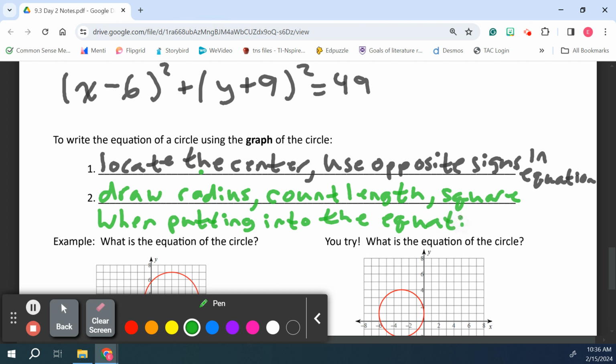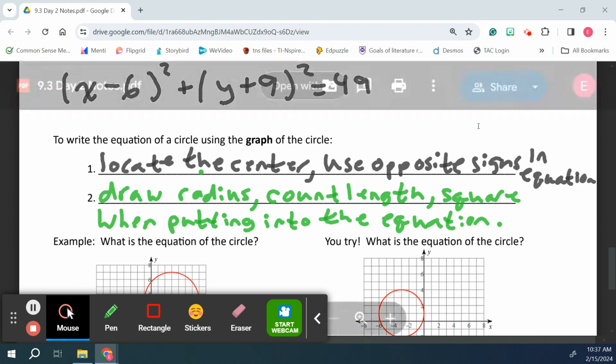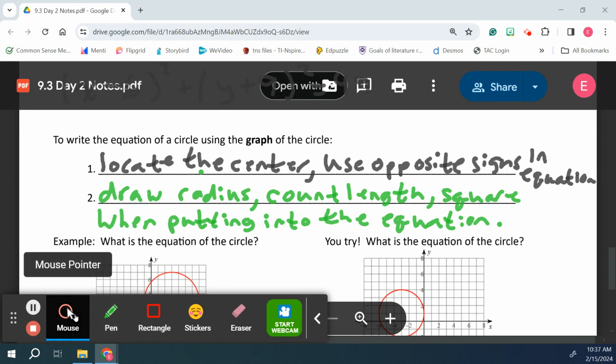So now what does this mean? Well, we're going to go over that in just a minute, but right now just write down the directions. Anybody still writing?